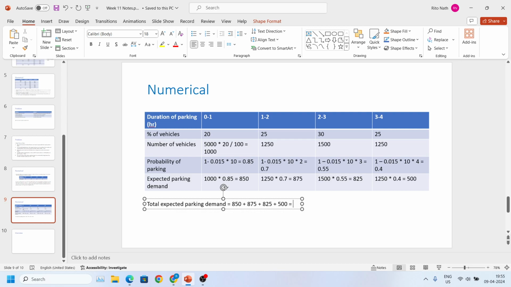So this will be your answer, which is 3050. It shouldn't be a fraction. So this is your final answer, 3050. Okay, hope this is clear. Then I'll move to the next problem.